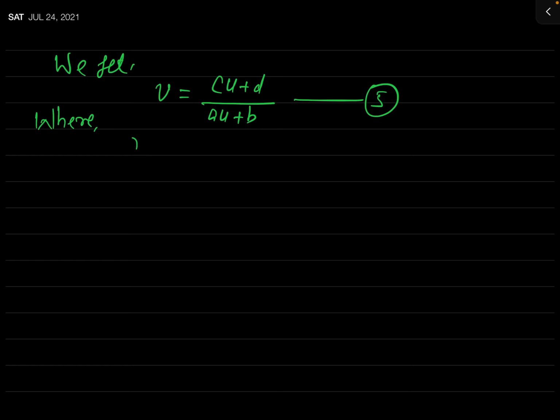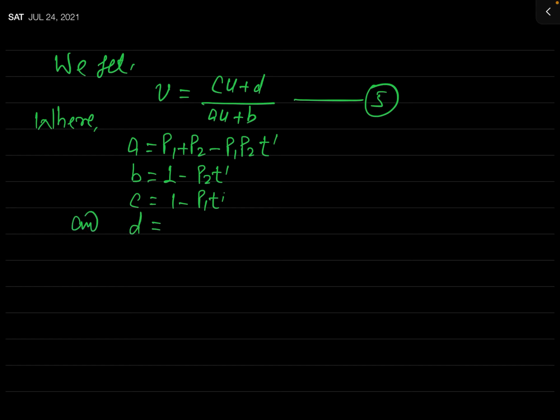Where a is equal to p1 plus p2 minus p1 p2 t prime, and b is equal to 1 minus p2 t prime, and c is equal to 1 minus p1 t prime, and this d is equal to minus t prime.